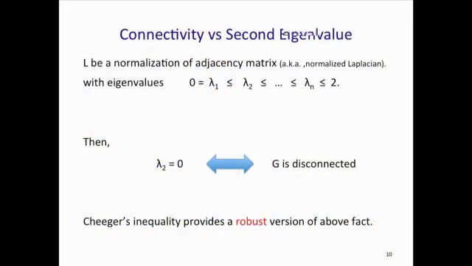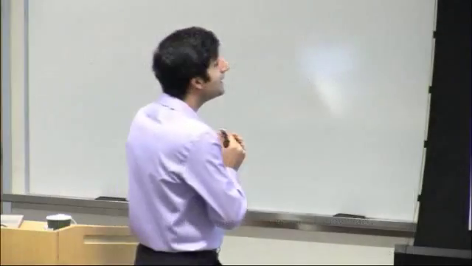Okay, so let me start by talking about Cheeger's inequality. For the next 5 minutes, I'm going to define the Cheeger inequality and set up some notations. Let L be a normalization of the adjacency matrix of a graph. This is also known as the normalized Laplacian matrix.